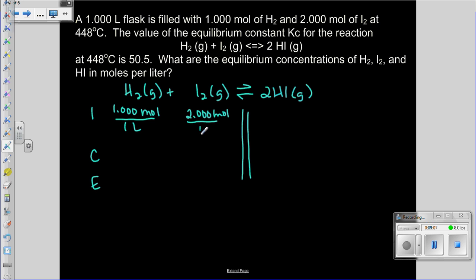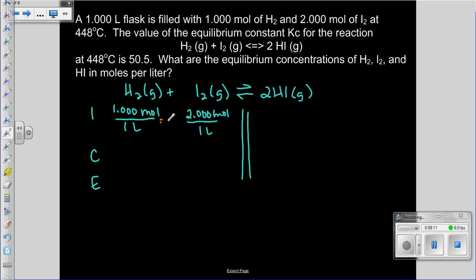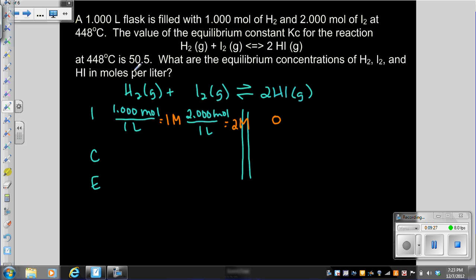Both of these are divided by 1 liter, so that gives us 1 molar hydrogen and 2 molar iodine. I'm not given anything for hydrogen iodide. If I read the rest of the problem, I see that I have an equilibrium constant that's 50.5.